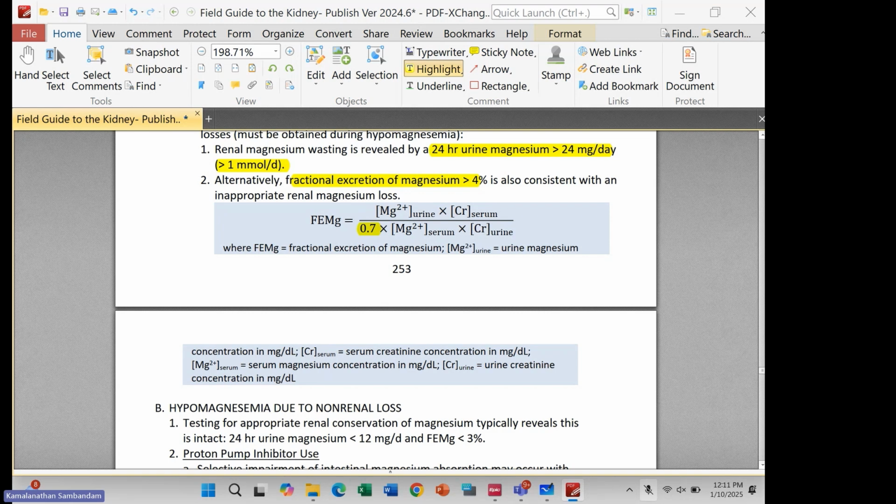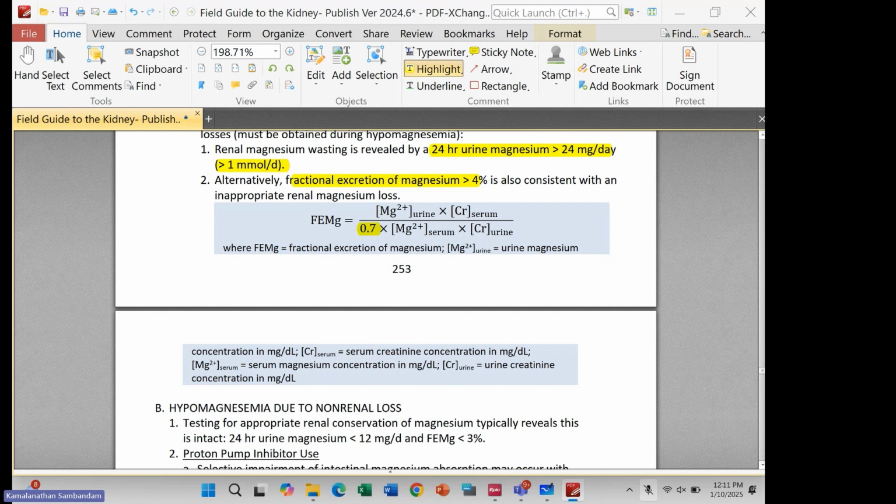It is a divalent cation, just like calcium. And so in this iteration of the FE mag equation, you'll see this correction factor which is essentially correcting for the ionized magnesium concentration, that is the free magnesium concentration in the blood.